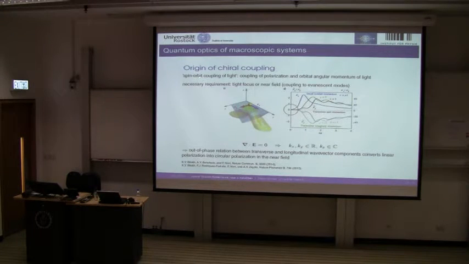And the necessary requirement for that spin-orbit coupling is either a tight focus of a laser beam or a near field. So that is the coupling to some evanescent modes.